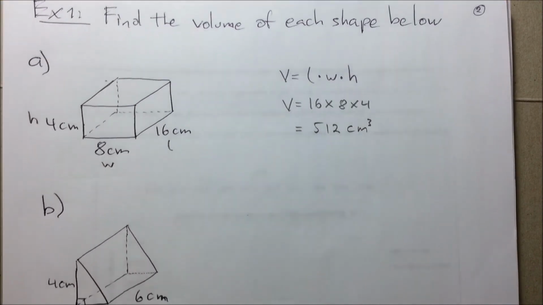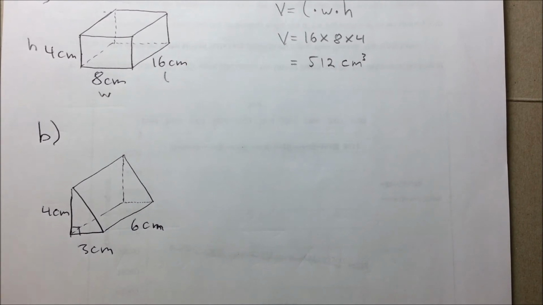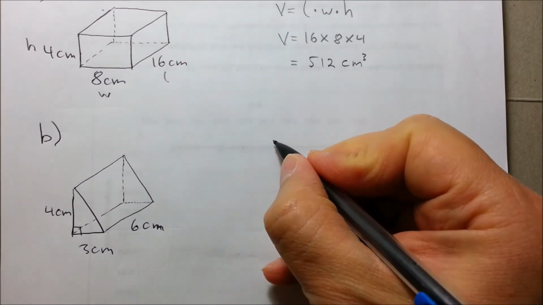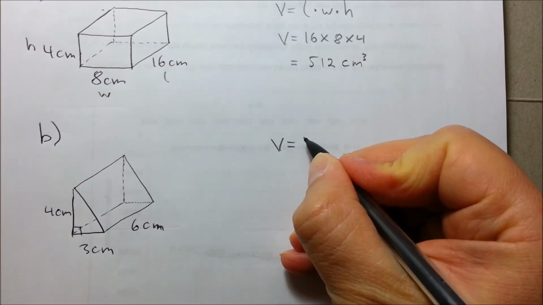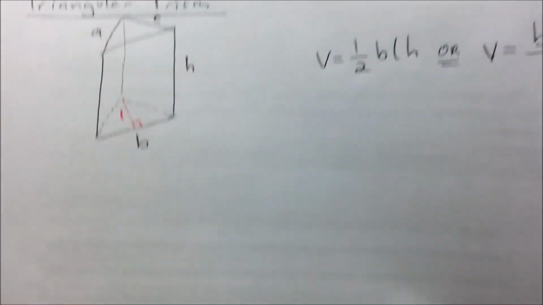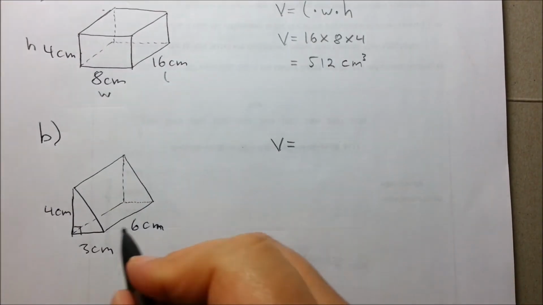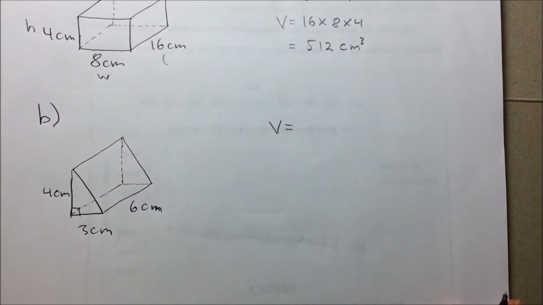Okay, let's take a look at our next example. What kind of prism is this? It's a triangular prism. So same thing. For a triangular prism, what's the formula? Well, if you're not sure, you can always refer to the sheet that you wrote previously. But we can calculate the area of the base. Now, what's the area of the base here?